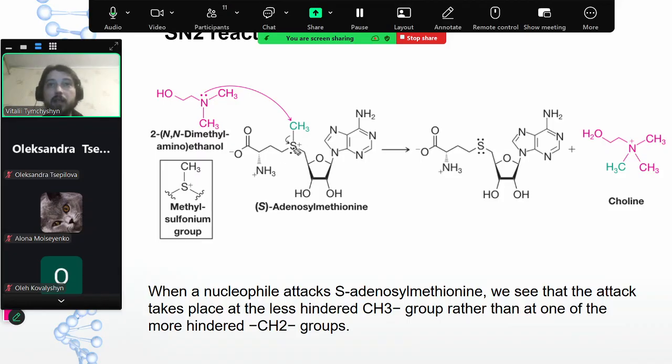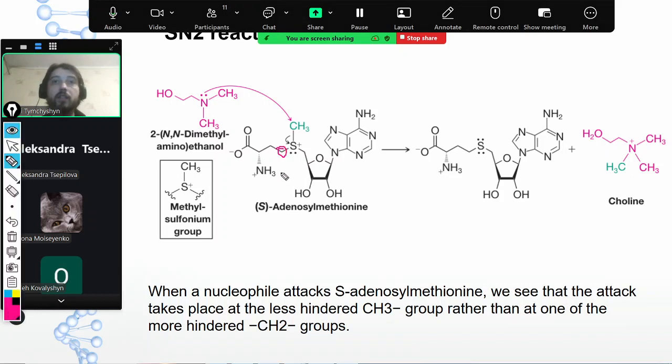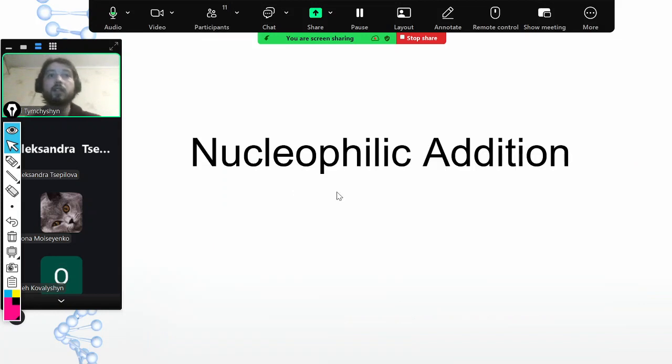This S has a partially positive charge, so it will probably affect, for example, this CH2 group, and we may have expected attack at this group, but it is sterically hindered because this is an SN2 reaction. So we should get a hit between these two molecules, and this one just can't get there because it has all these antlers and cannot get through them. So it prefers to attack this CH3 group that is much less hindered and easier to access.